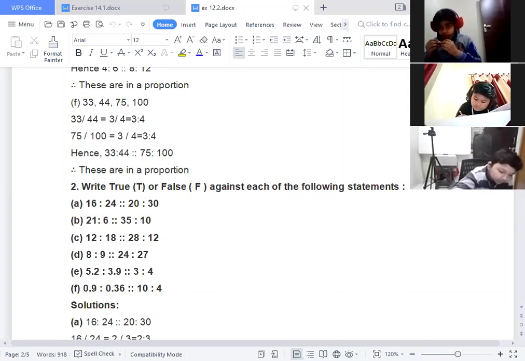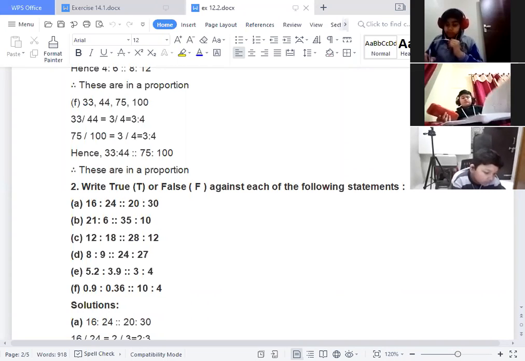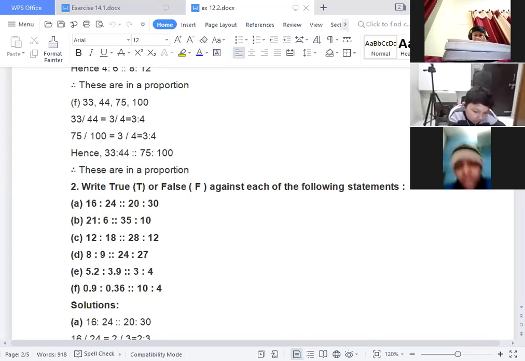Very good. Now 8 and 12 are coming. 8 and 12 also go in the table of 2. 2 4s are 8 and 2 6s are 12. Absolutely right. Again, 4 upon 6 is there. Again, you can cut this number. 2 2s are 4, 2 3s are 6. Right. So 2 upon 3.